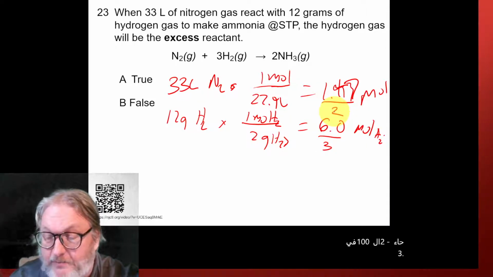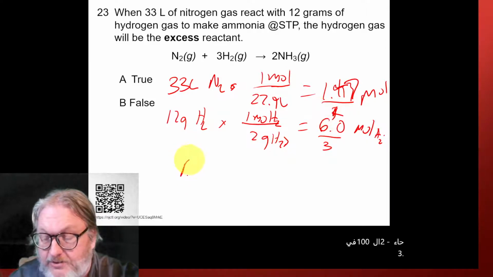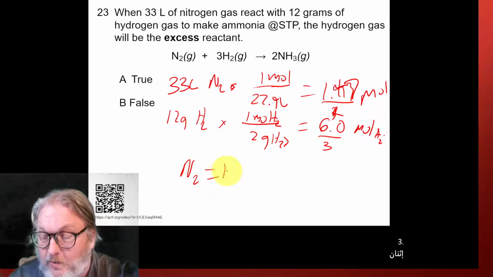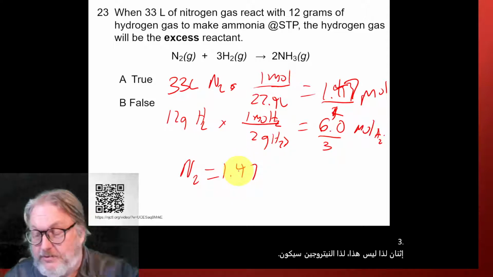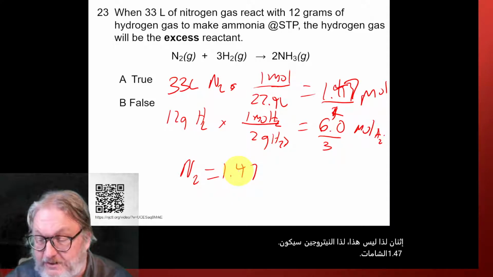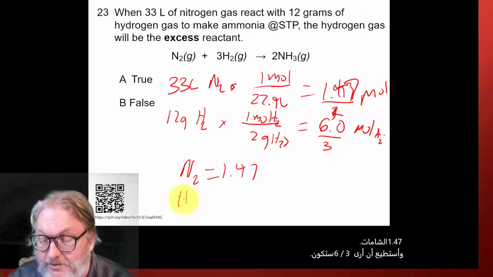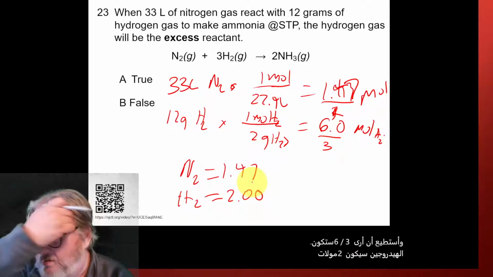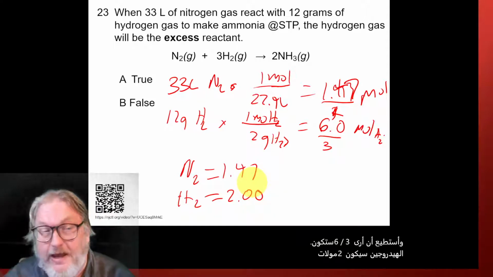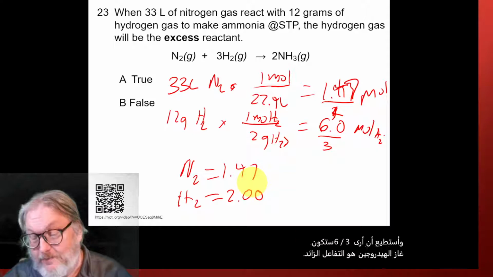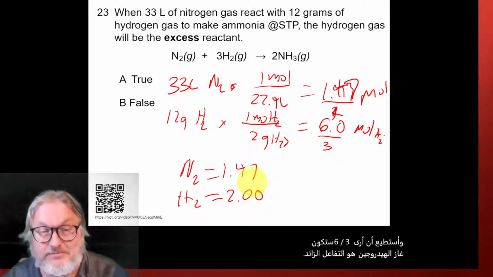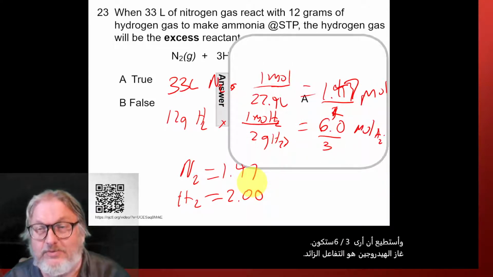So that's 1. So nitrogen is going to be 1.47 moles. And I can see 6 divided by 3, hydrogen is going to be 2 moles. The hydrogen gas is the excess reactant. Well, there's more hydrogen than nitrogen, so true, it is going to be.